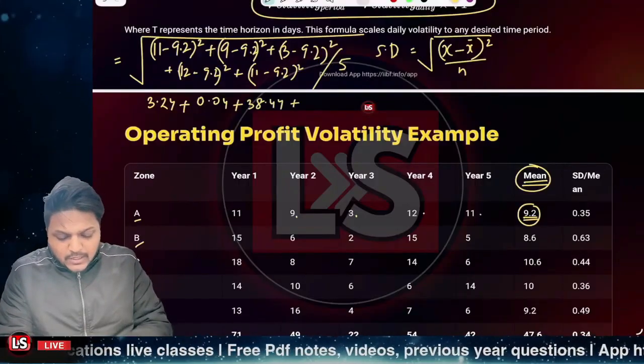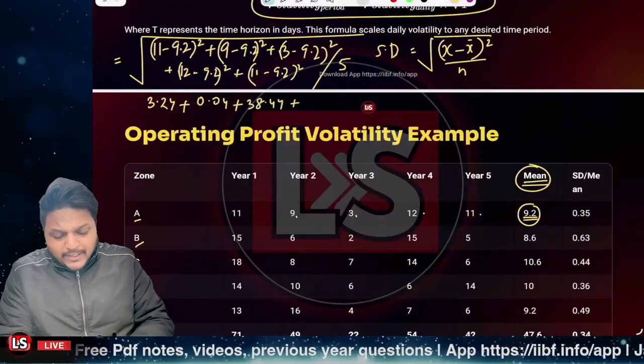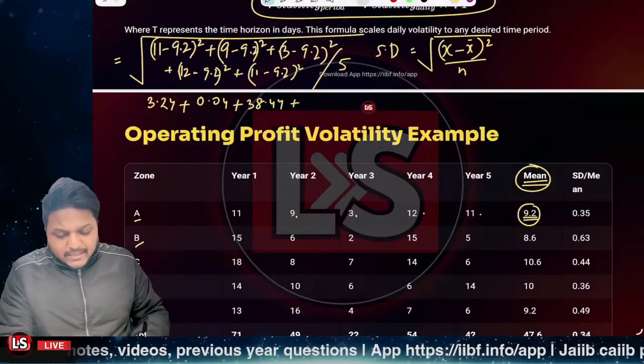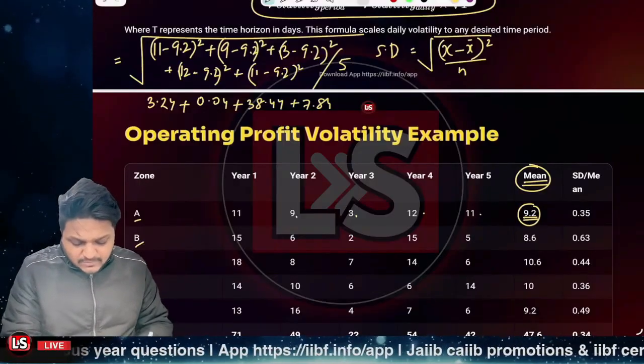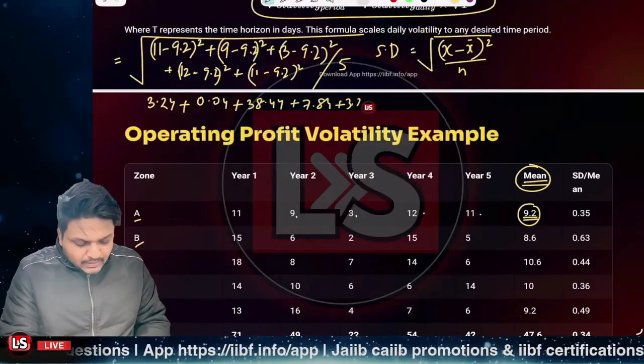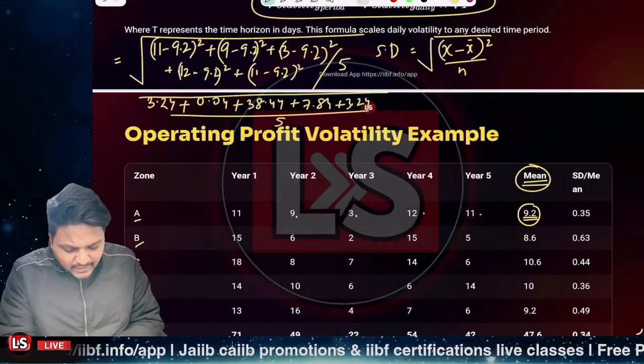Next one is 12 minus 9.2, that is 2.8, multiplied by 2.8, that is 7.84. The last term is the same as the first term, 3.24, divided by the number of terms, that is 5, and the square root of it.